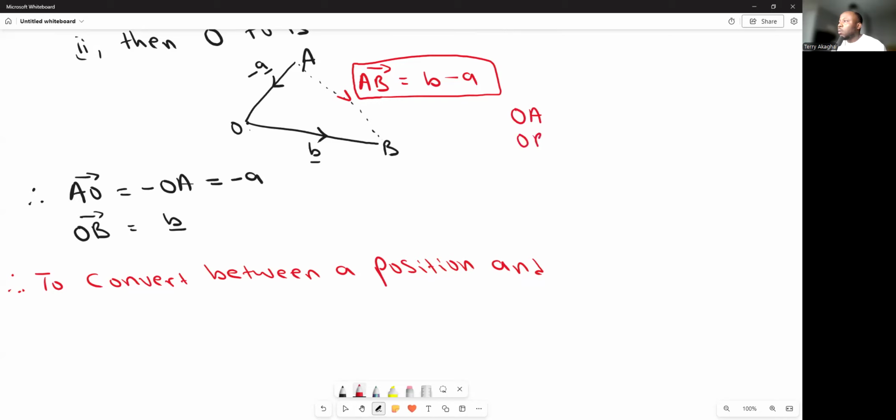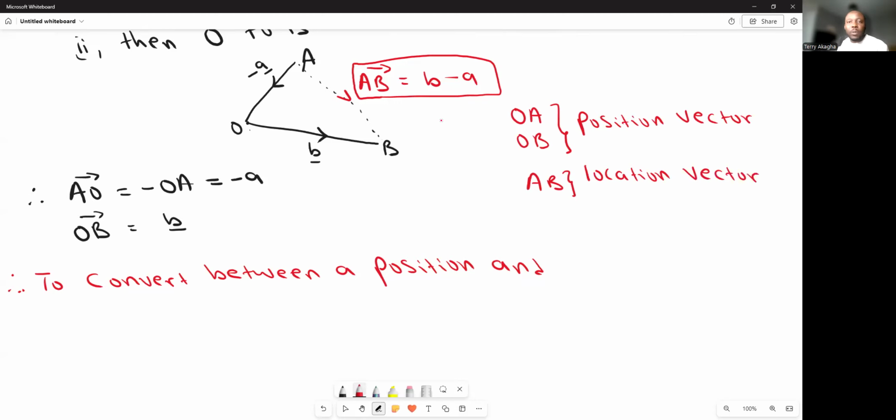OA and OB are both position vectors. We talked about this in the previous video, but AB is a location vector. I've talked about this in the previous videos when I talked about the types of vector.